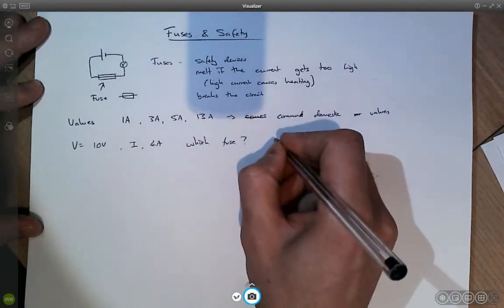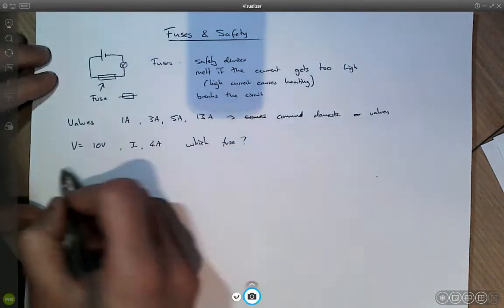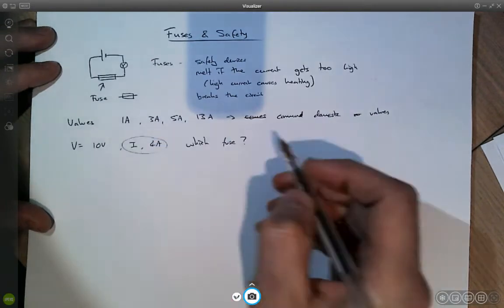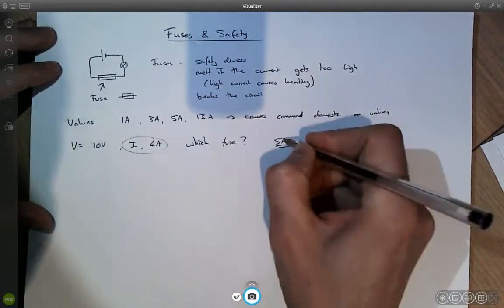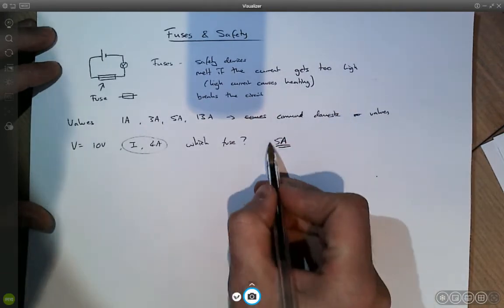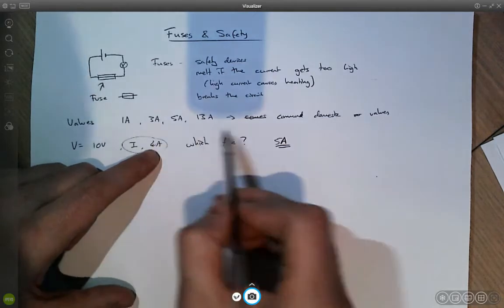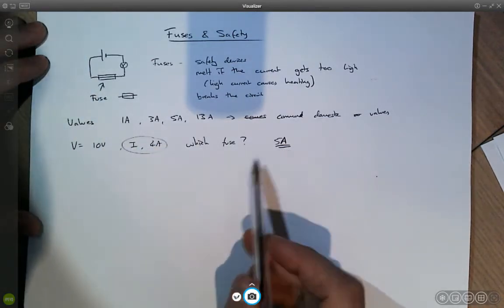So they would work out, in this case, really easy. You just simply look at this and you look at the next biggest one. So obviously the next biggest one is 5 amps, so that it provides sufficient current flow, so it doesn't melt, but it's not so high that you could have a large, potentially dangerous current to flow.